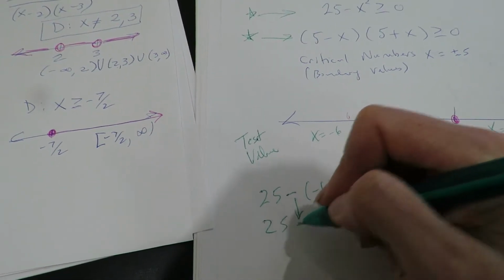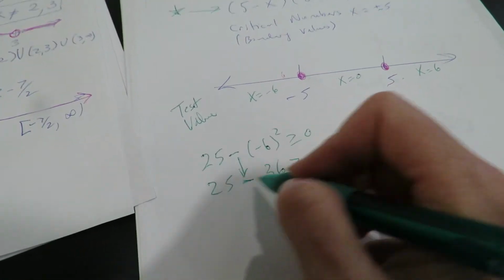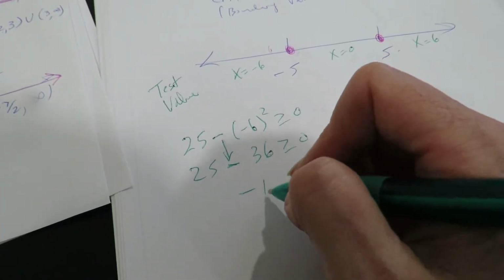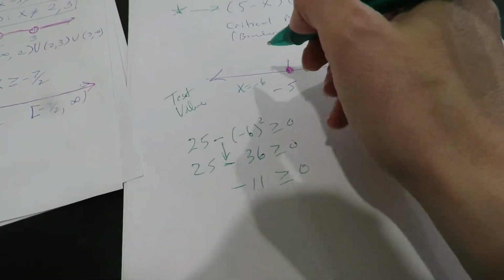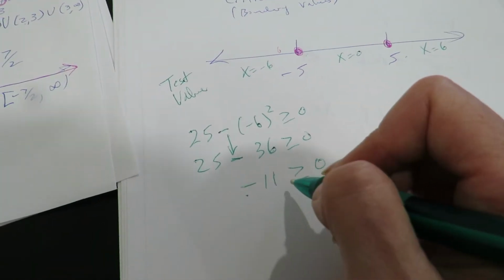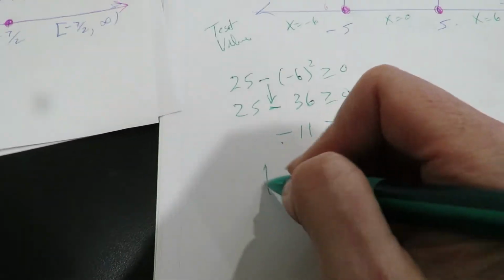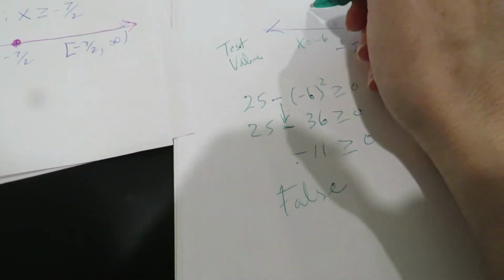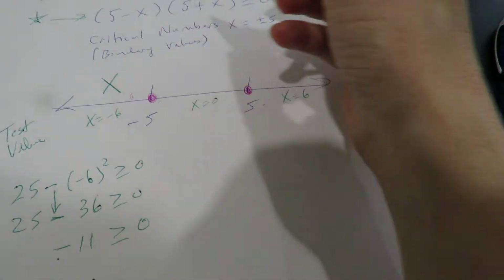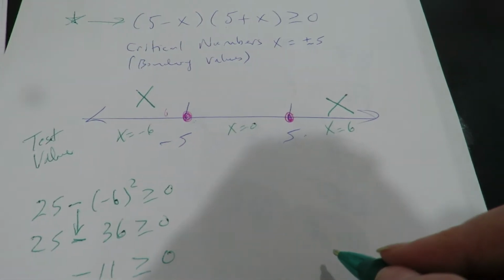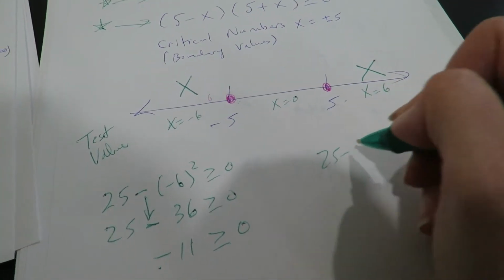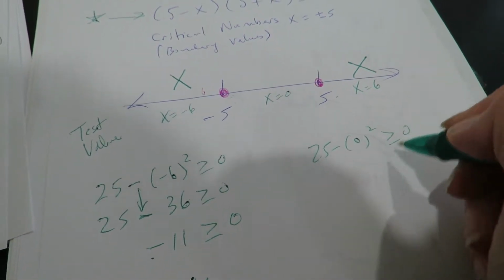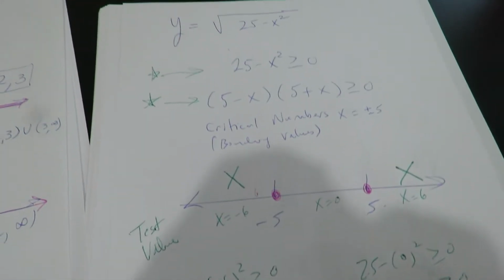So as you can see, this is going to be negative, which means that -11 is not greater than 0, so this is false. Which means this is going to be bad. You're going to notice when you plug +6 into here, you're going to get the same scenario. That is not going to work. But you'll notice when you plug 0 into here, that's true.